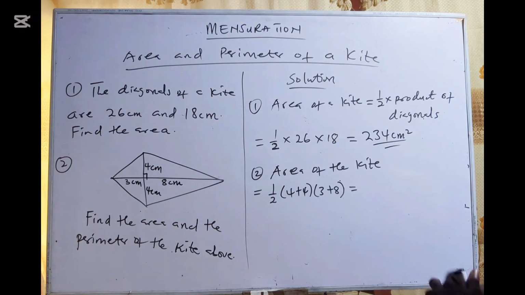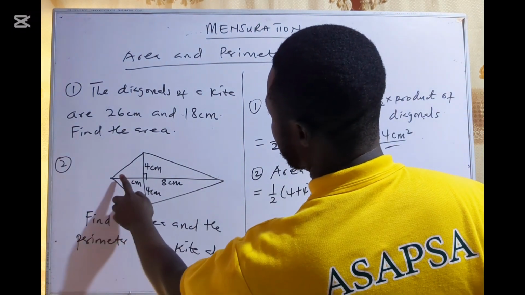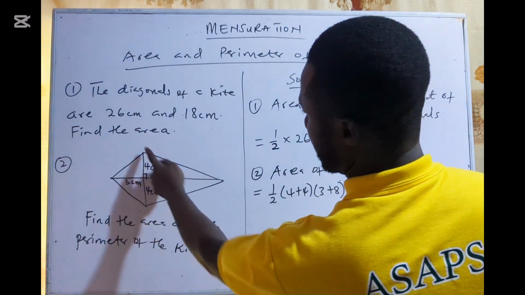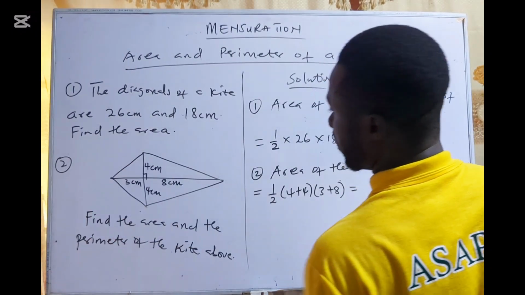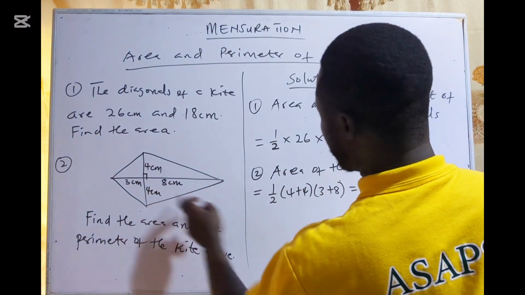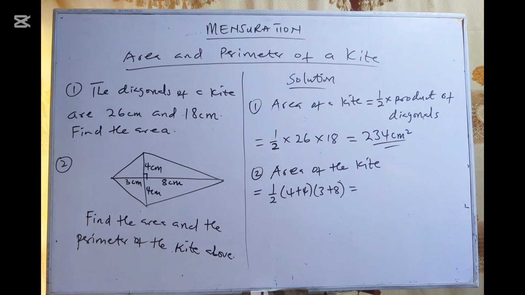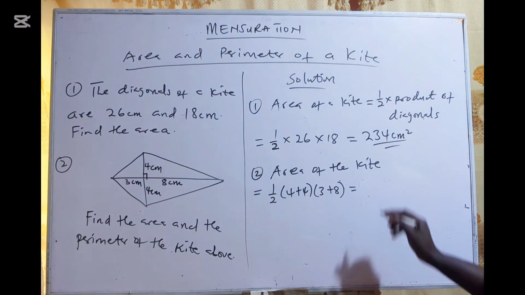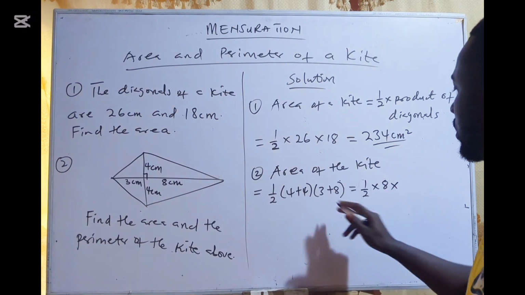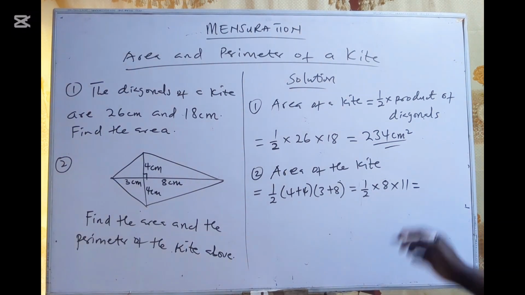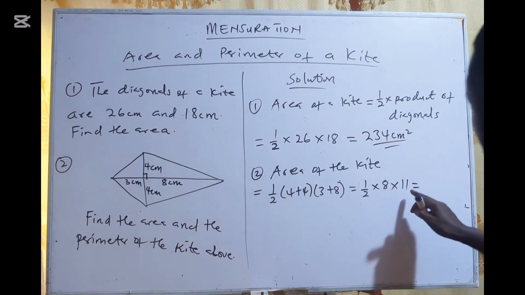The product of the diagonals. So one diagonal is 3 plus 8. And this diagonal, because the longer diagonal bisects the shorter diagonal, if here is 4, here will also be 4. So 4 plus 4. Okay. So we are going to have half multiplied by 4 plus 4 is 8. And then 3 plus 8 is 11.